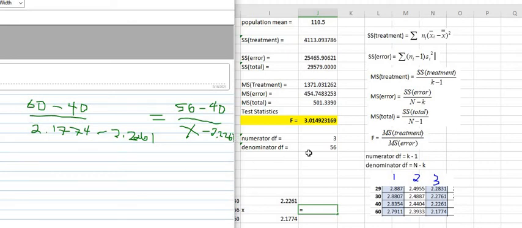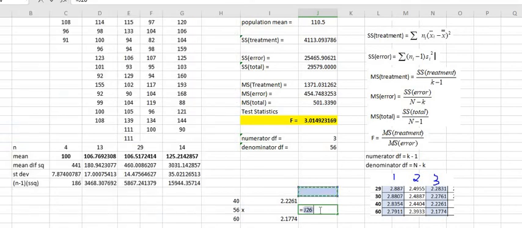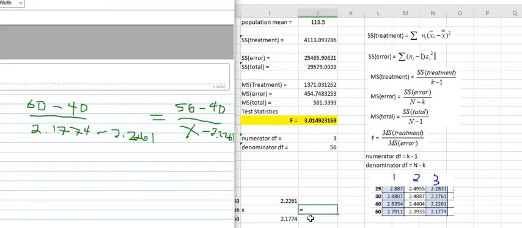Ayan. Okay, so i-calculator ko siya dito. Wala na. Sorry dito sa sulat, ha. 56 minus 40. That is 56 minus 40.